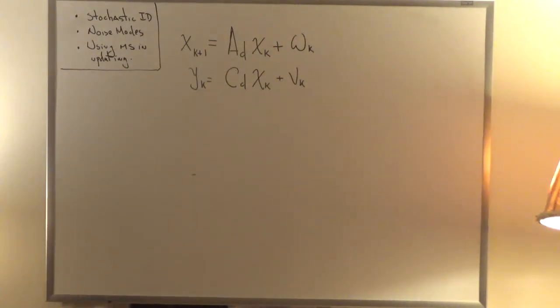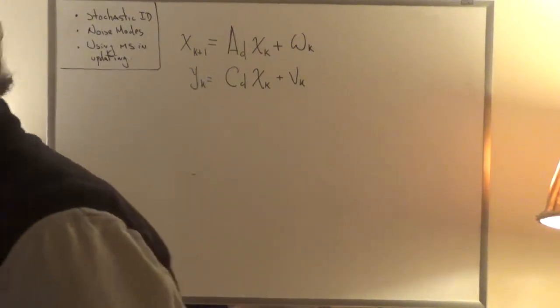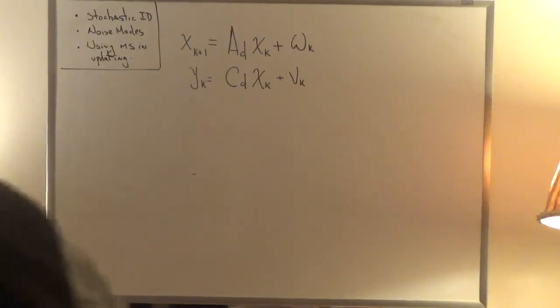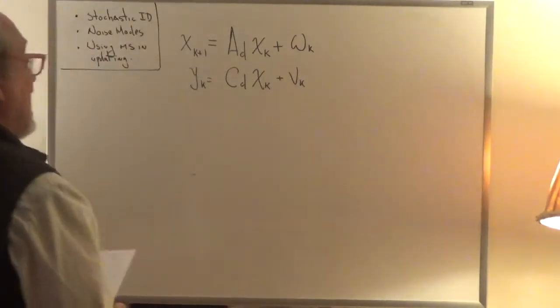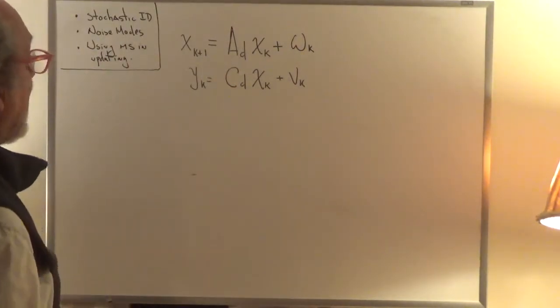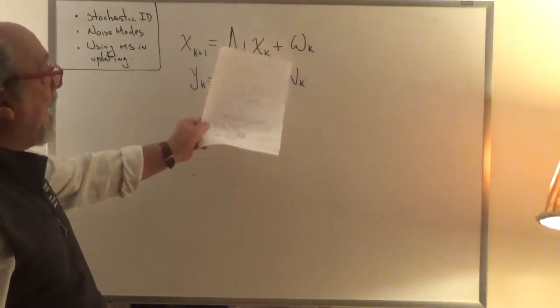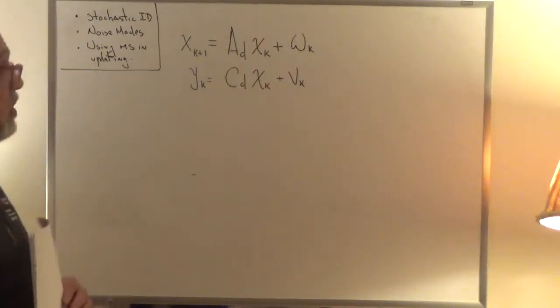Now, that is the system that we begin with to do a stochastic identification. So, when we do regular ID, we look for the matrices A, B, C, and D, right? In this particular case, it's obvious that we cannot set out to calculate A, B, C, D because there is no B and there is no D. In other words, the matrices that have to do with the actual loading are undefined now.